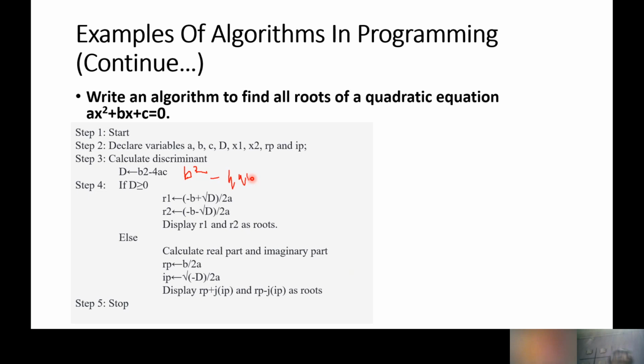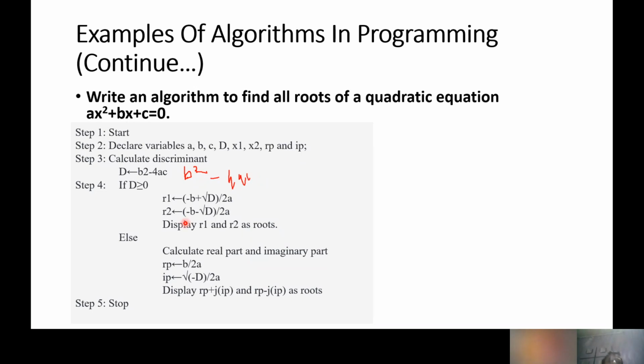Then if d is greater than 0, root 1 is minus b plus root d divided by 2a, root 2 is minus b minus root d divided by 2a. Display r1 and r2 as the roots.